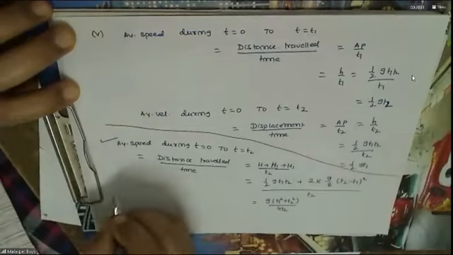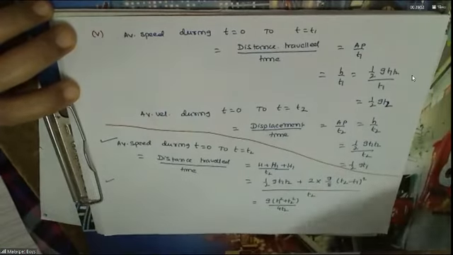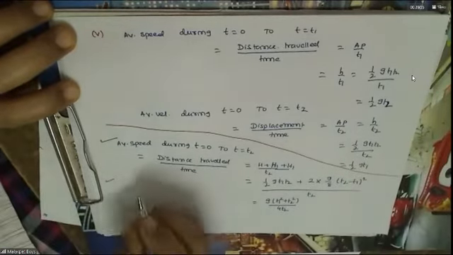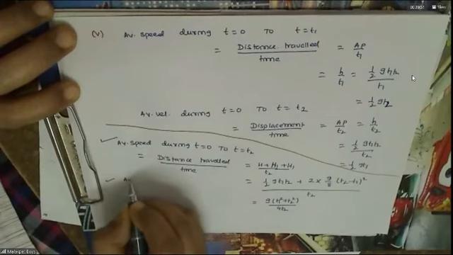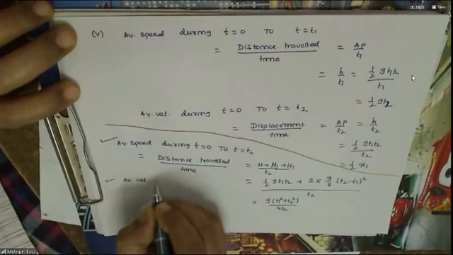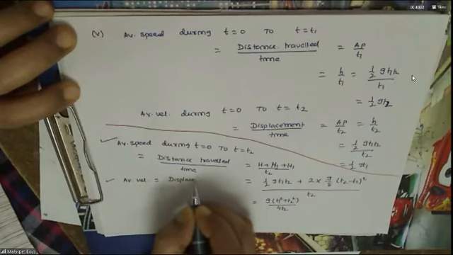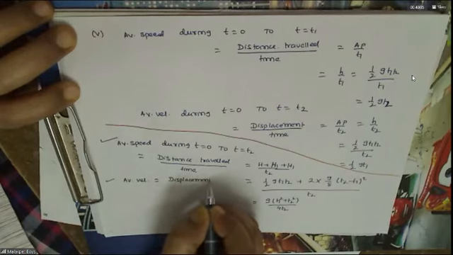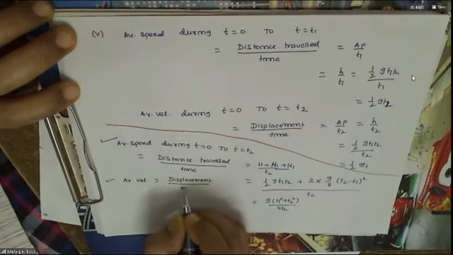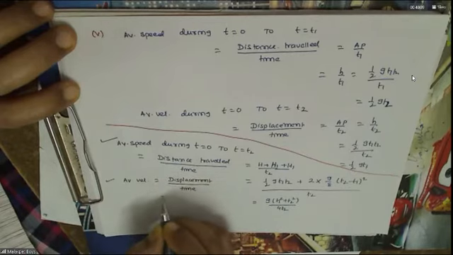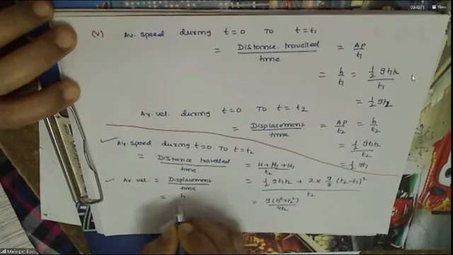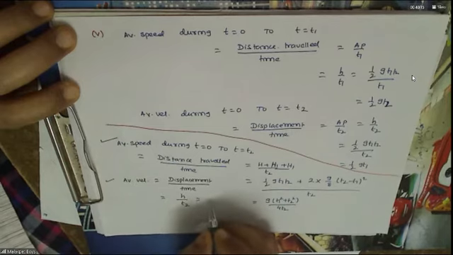Whereas you will get average velocity as displacement by time. This is nothing but H1, you know. Agreed.